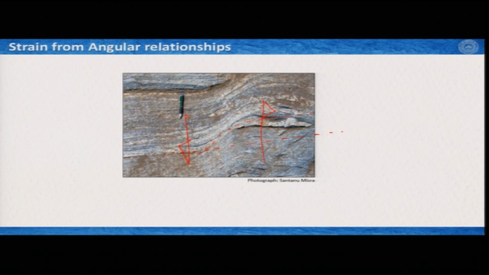Now, if that shear happened, this layer got a deflection, and if we can measure this angle, we can actually calculate the shear strain involved in deforming this particular piece of rock. In this case this angle is 32 degrees, and again using the same formula, shear strain equal to tan of 32 degrees, you will get this.